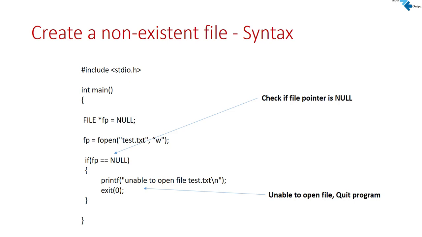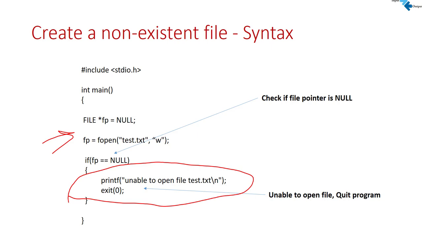You have to make sure that you are checking if actually the pointer is assigned, right? So in this case, here I'm doing the assignment. Here's the pointer, and then here the assignment, and after that I have to make sure that the pointer is actually pointing to something and not pointing to null, right?